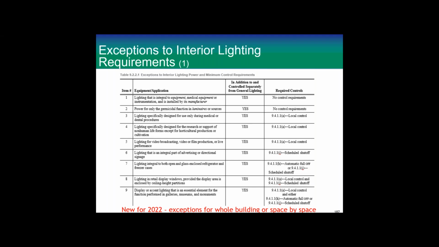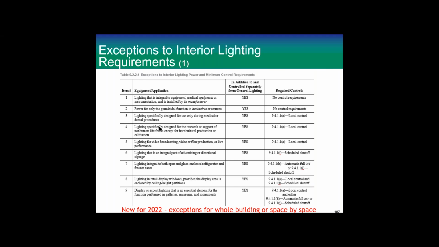We don't have any control requirements. So it's got to be an addition and separately controlled from the normal lighting, and then it qualifies. If it comes on immediately when you turn on the light in the room, then all of a sudden it gets under the control requirement.